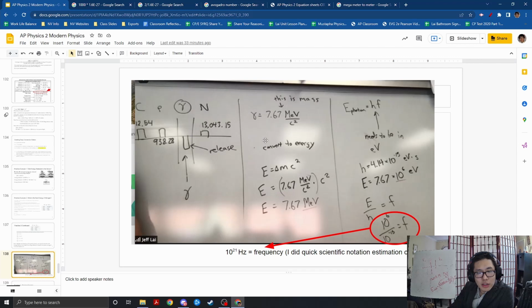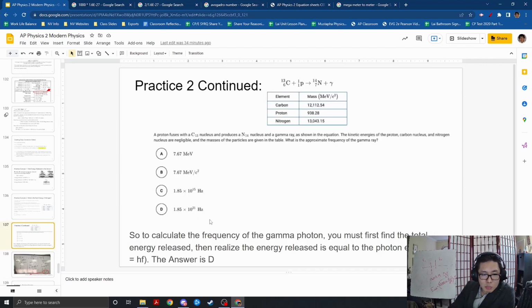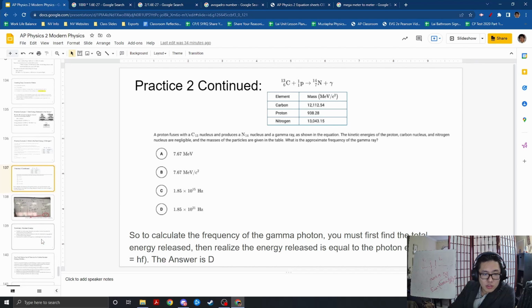So we found out the total change in mass was 7.67, and then I decided to multiply that by c squared to find out that the total energy of the photon, or the energy released, must have been 7.67 mega electron volts, and then I set that equal to the energy of my photon to find out that the frequency of the gamma radiation would be approximately about 10 to the 21 hertz, and that brought us to answer choice D.